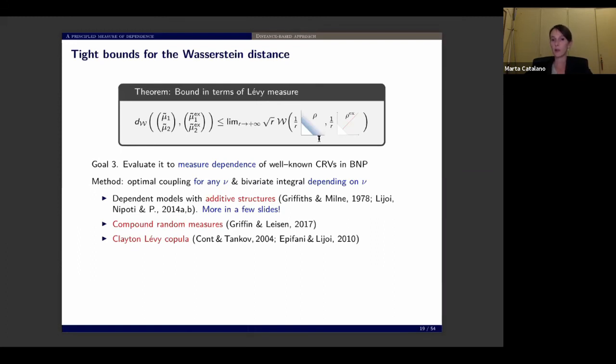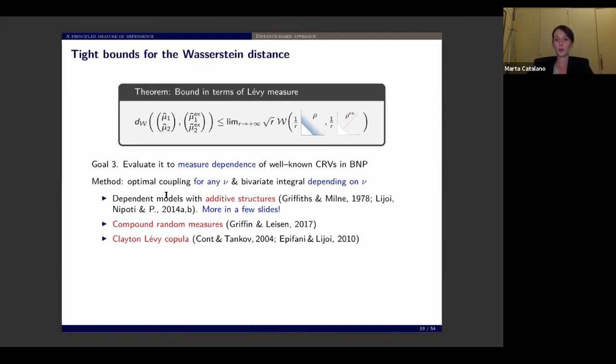And we said that in general this is difficult because we don't have an explicit expression for the optimal coupling and because we have to compute bivariate integrals. So what we did in general terms is that we managed to find the expression of the optimal coupling for all possible Levy measures. But then we had to find explicit techniques to actually compute the integrals for every class of models that we focused on.